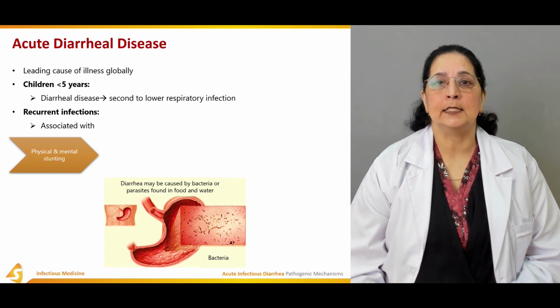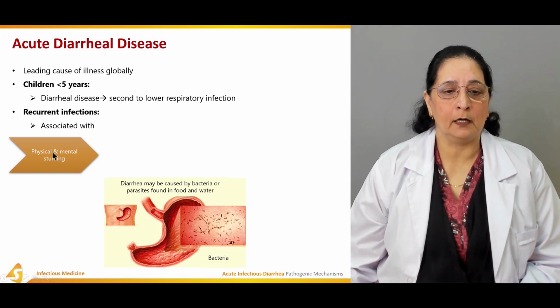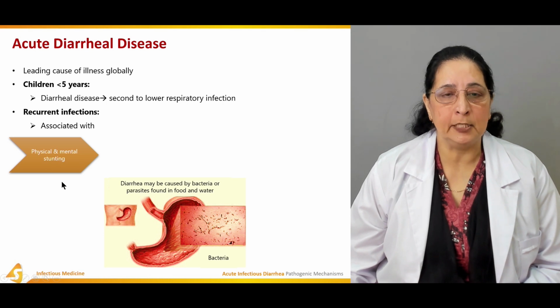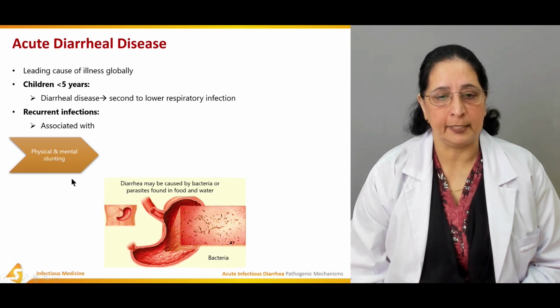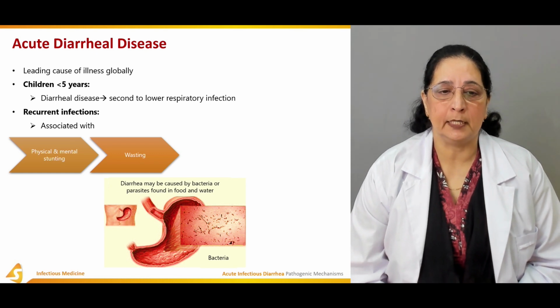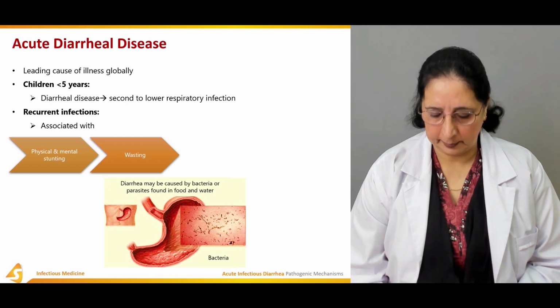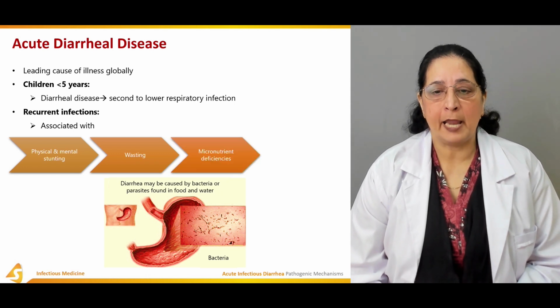So all these factors can be the leading cause, but they are physically and mentally not strong and they are weak. Wasting, weak and wasted people. Wasting is another factor associated with the recurrent infection.